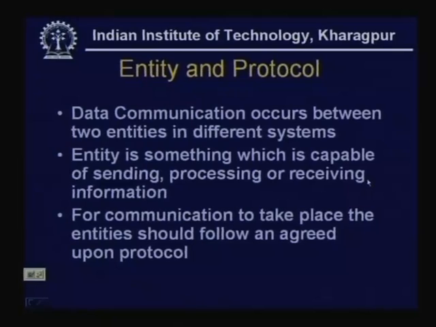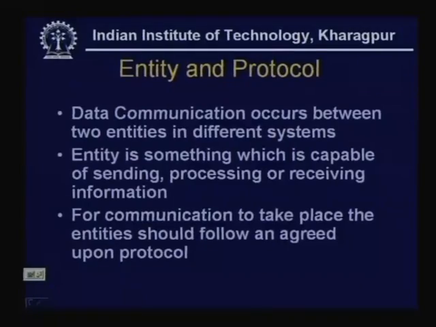Now data communication occurs between two entities in different systems. We have seen that the different layers are there, and within each layer there are some entities, and entities are responsible for communication. You may be asking, what is an entity?